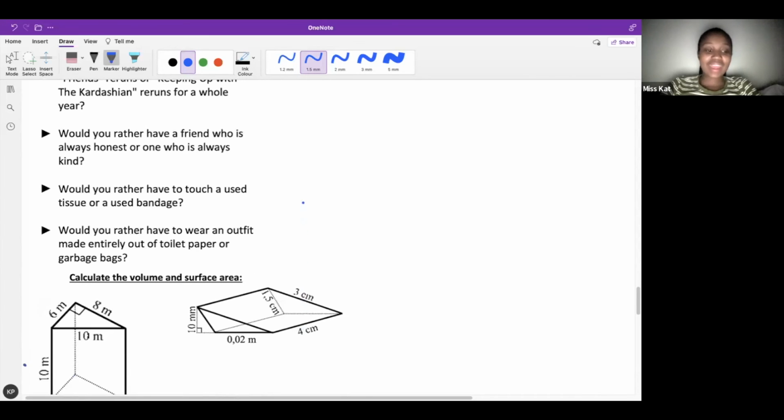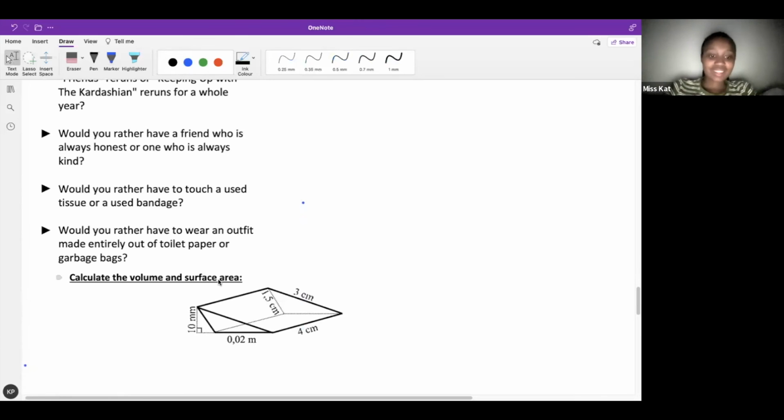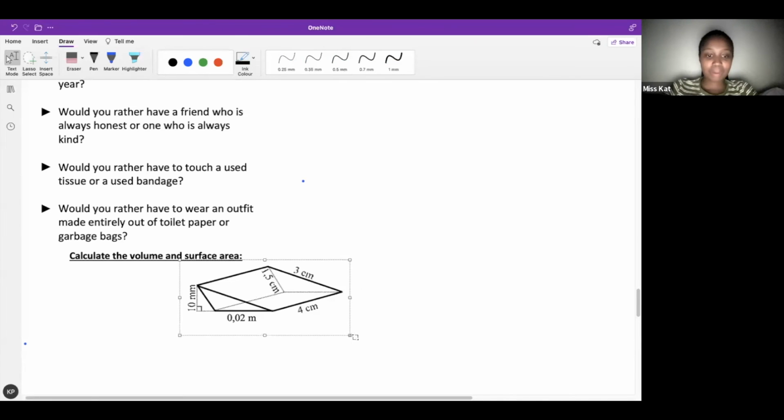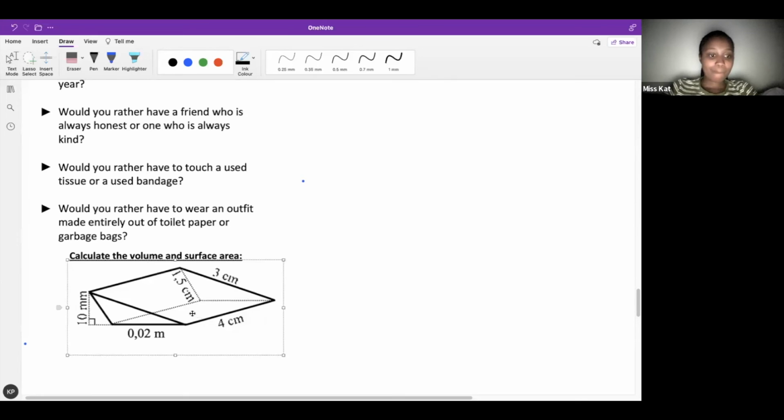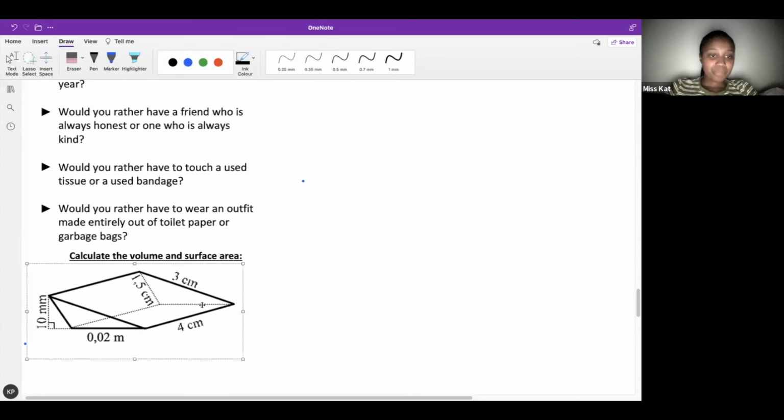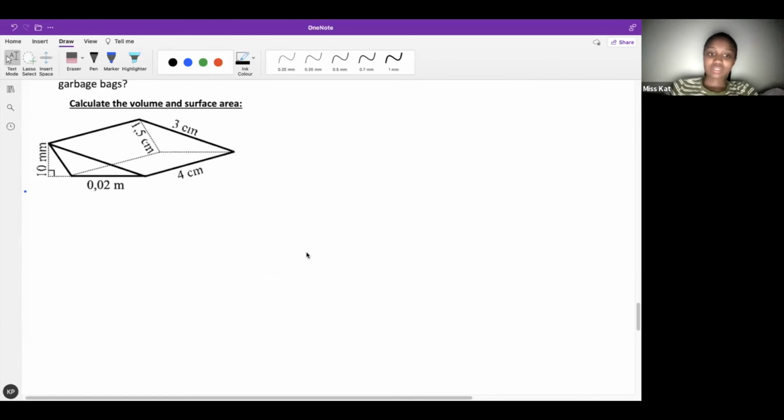Wonderful. Okay, now I want us to calculate the volume and surface area of this shape. Are we ready? We're doing both. You guys want to start with the easy one or the hard one?